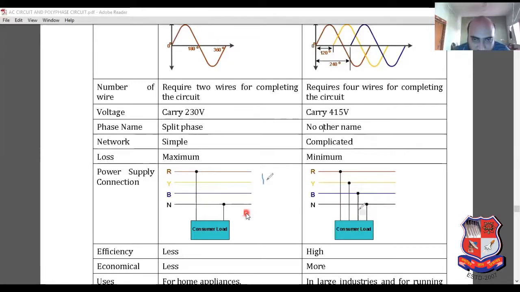This system is called single phase two wire system, and this is called three phase four wire system. I hope this point is clear to you. Okay.